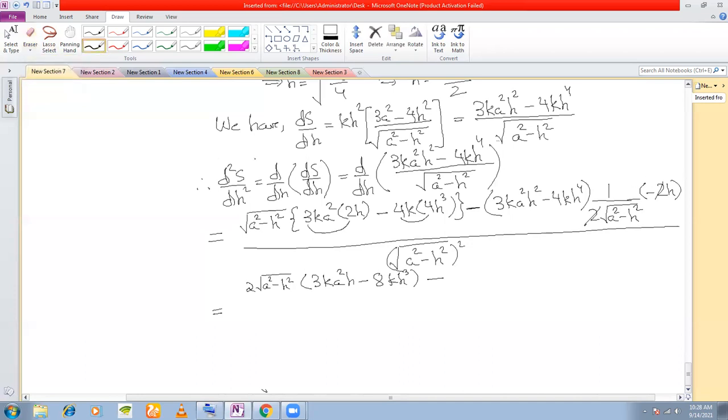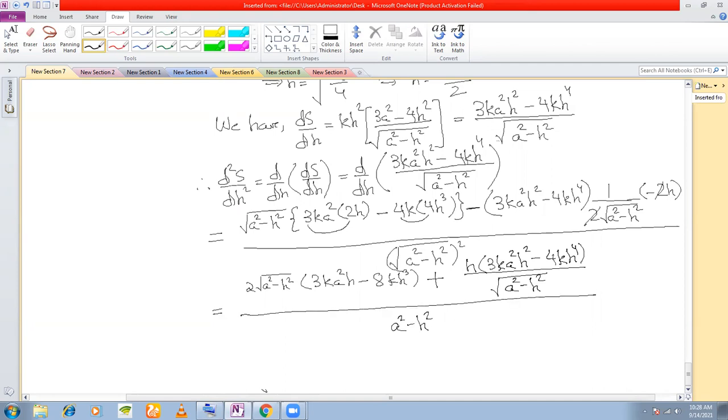So these two will combine to give you a plus sign, and this will become h into 3k a square h square minus 4k h to the power of 4 divided by root over of a square minus h square, and this entire thing divided by a square minus h square.